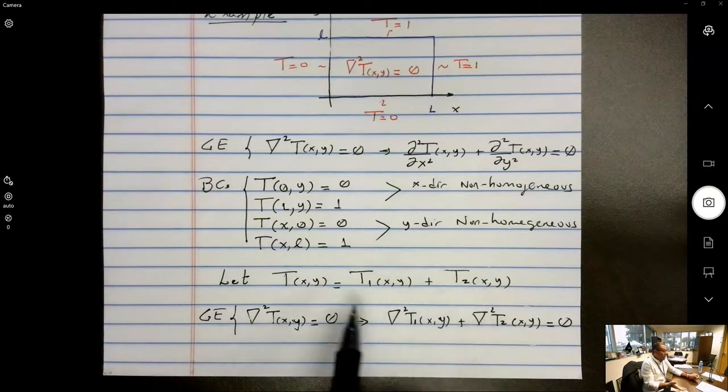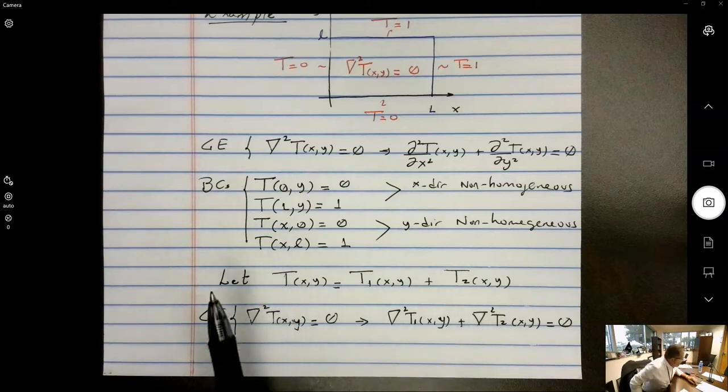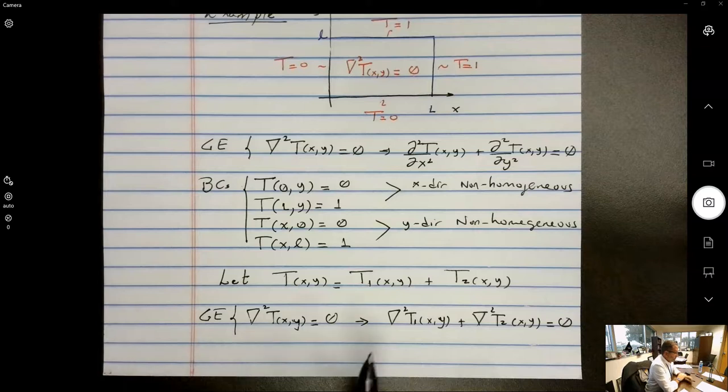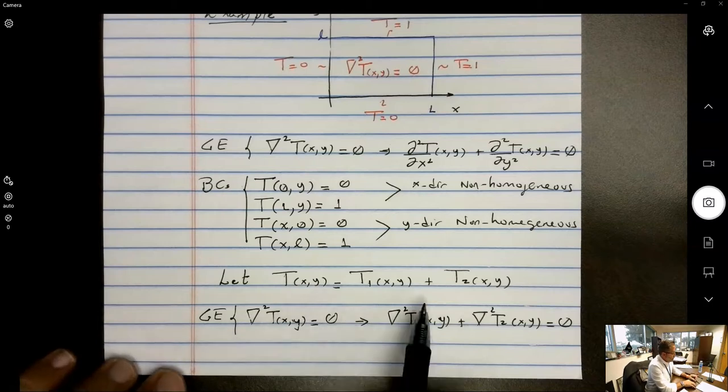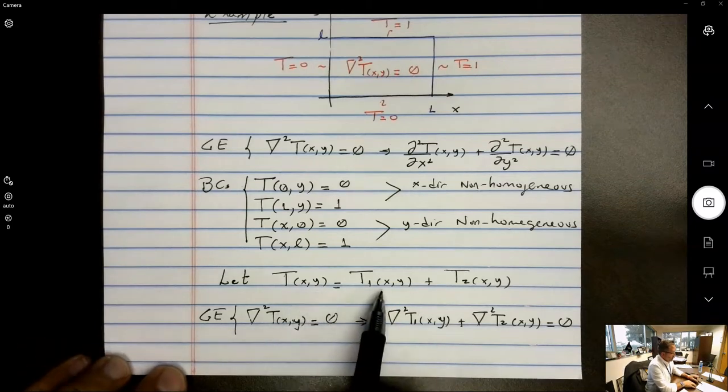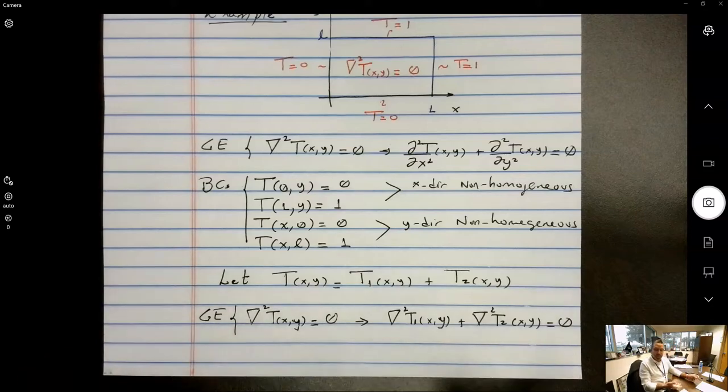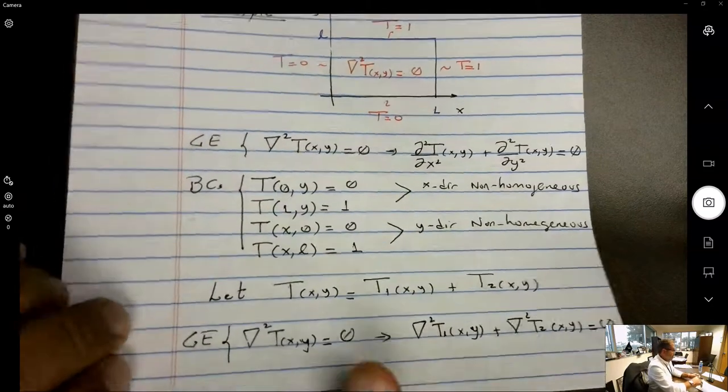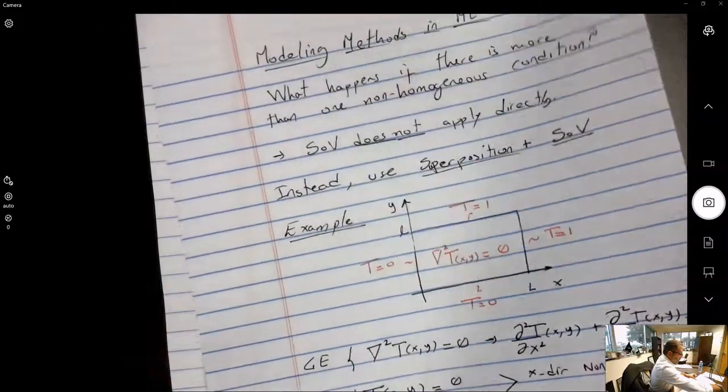That's possible because the problem is linear. Remember, the principle of superposition says that you can construct solutions out of existing solutions. So if T1 is a solution and T2 is a solution, T would be a solution. It's a linear combination of the two. So if T is T1 plus T2, then the Laplace of T is also the Laplace of T1 plus the Laplace of T2. It's a linear operator, and therefore you can break it up like that.